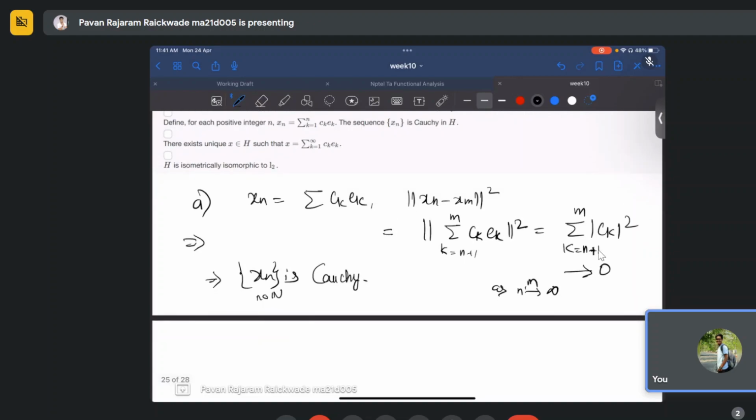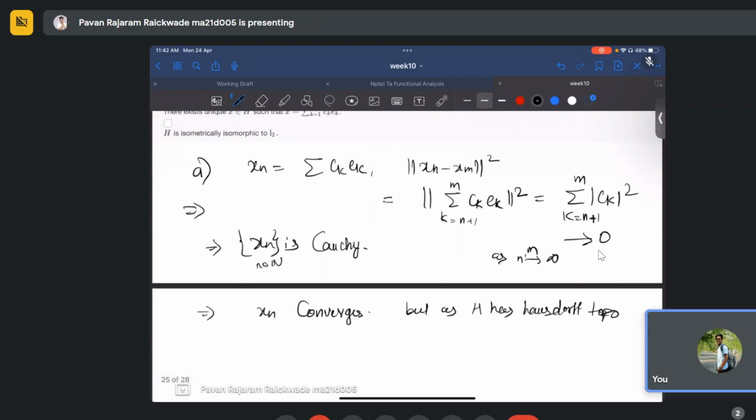But H is a Hilbert space, which implies x_n converges. The norm comes from an inner product, so the norm topology on H is Hausdorff. That means every convergent sequence converges to at most one point.